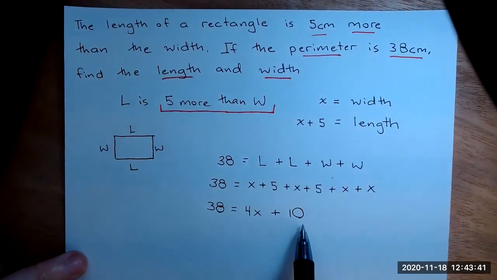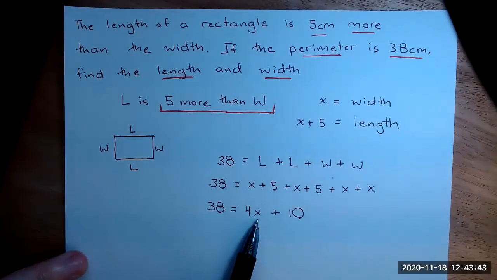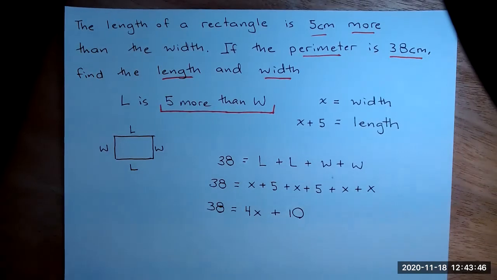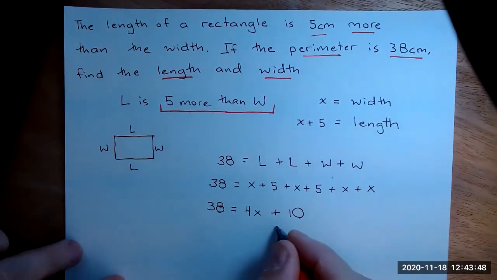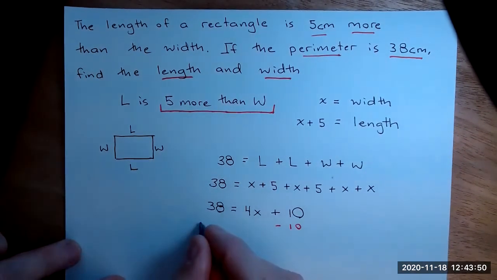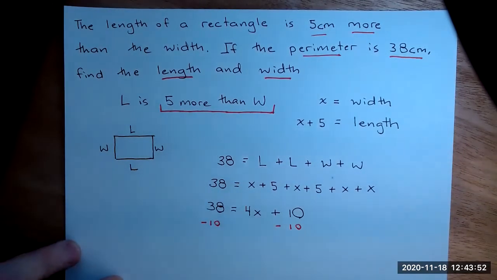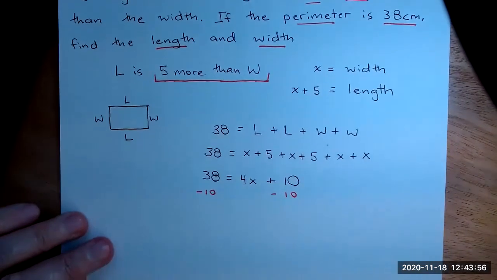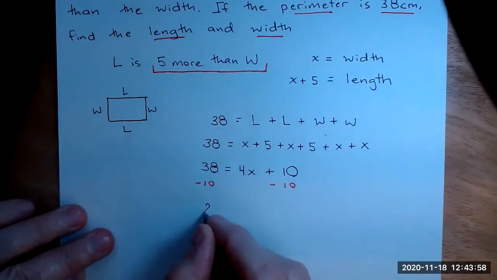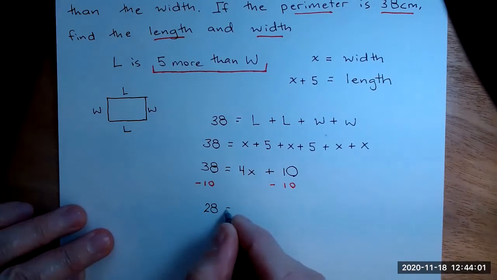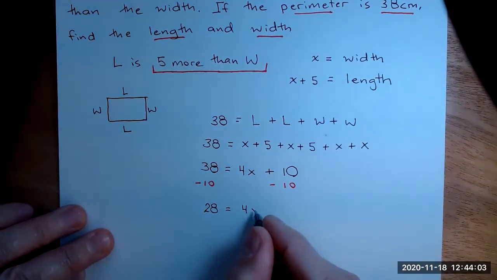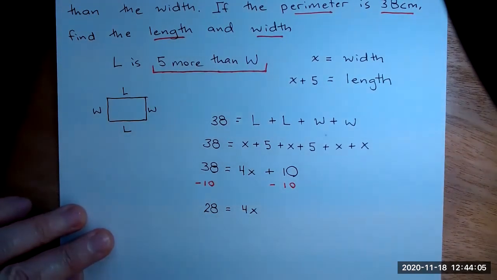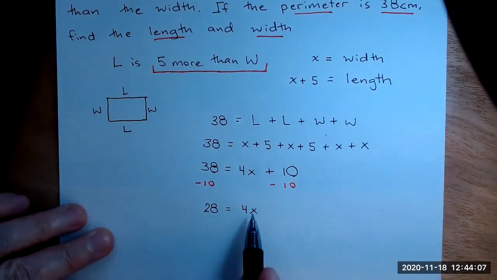This is a linear equation, so we want to isolate x. We can subtract 10 from both sides. And then divide both sides by 4.